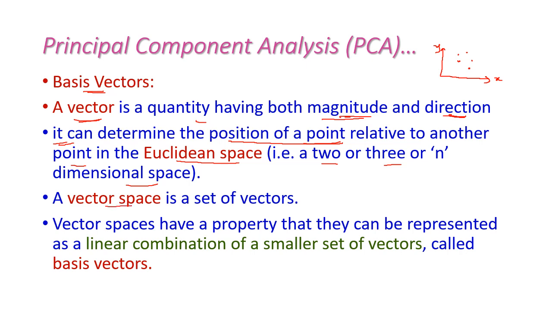And the vector space is a set of vectors. The vector space has a property that its vectors can be represented as a linear combination of a smaller set of vectors. That smaller set of vectors is actually called the basis vectors.